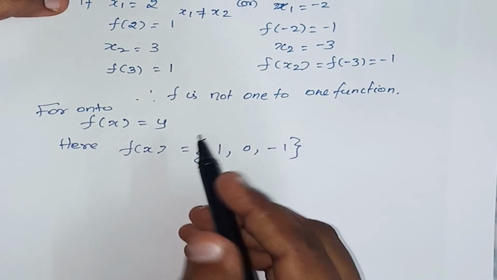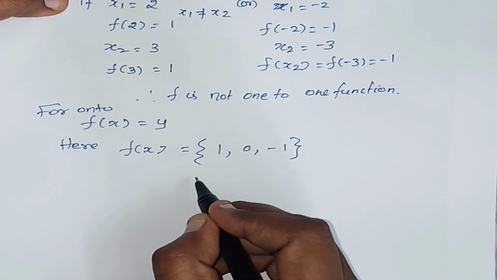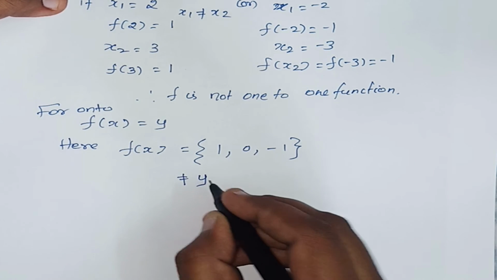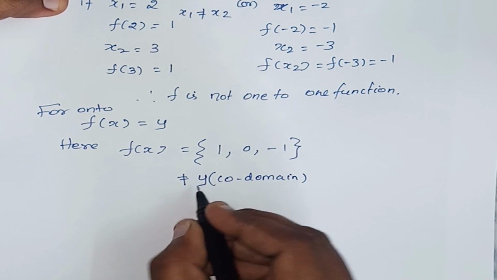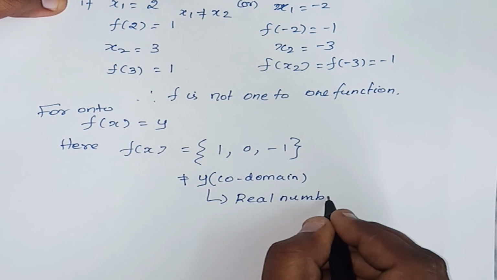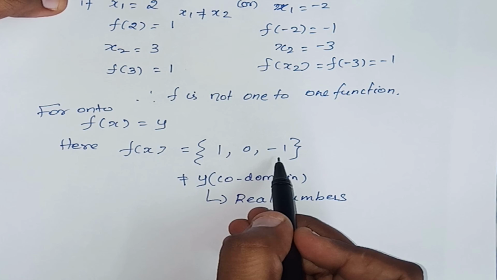So f of x is given as 1, 0, minus 1. But our y, this f of x is not equal to y, that is our codomain, right? So here y are real numbers. All real numbers should be included in y. But f of x should be 1, 0 and minus 1.